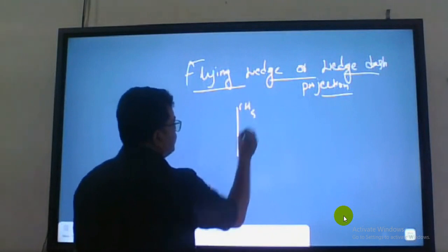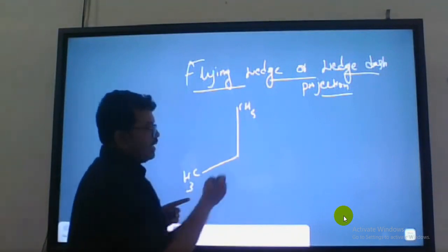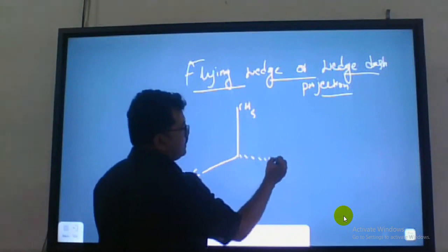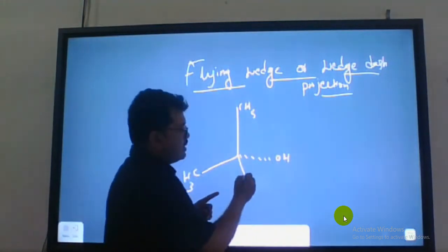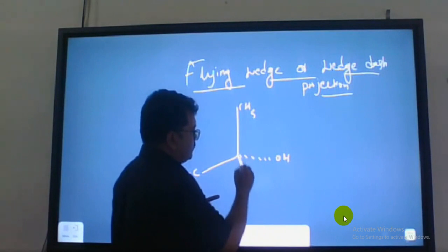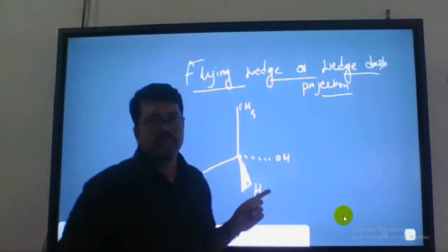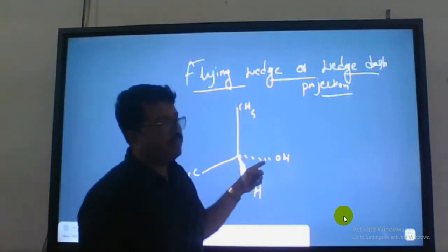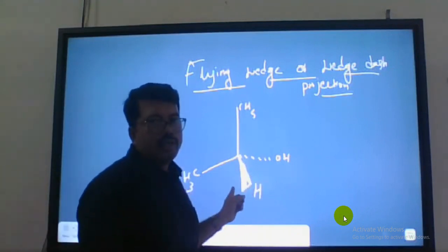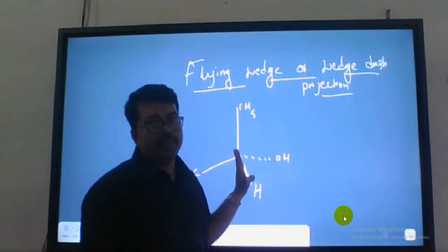So if you take the example of lactic acid, so in lactic acid what is it? This is below the plane and this is above the plane. Bond in the plane of the paper.